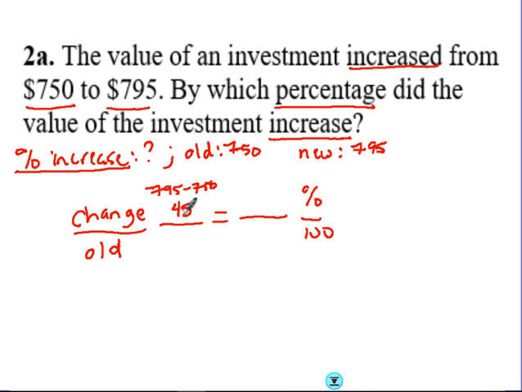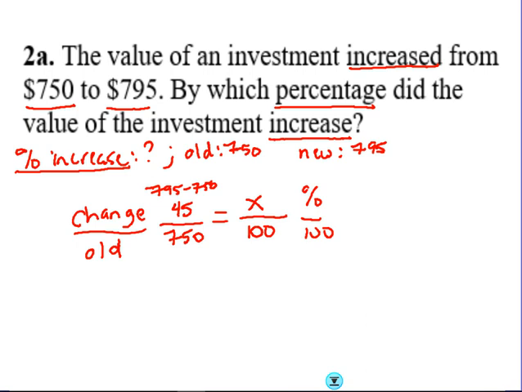But it's $45 compared to the old price, which is $750. And we're obviously looking for the percent of change, so that's an unknown, that's an X, and the X is being compared to 100%. Whatever that percentage is going to be out of a possible 100%.